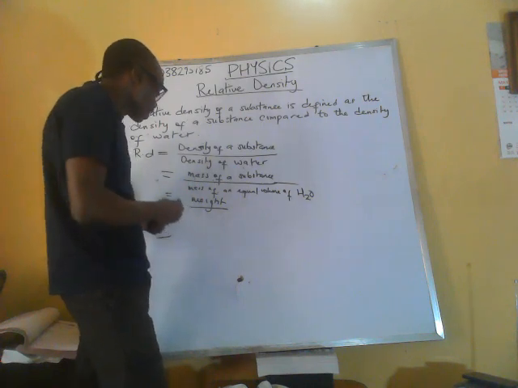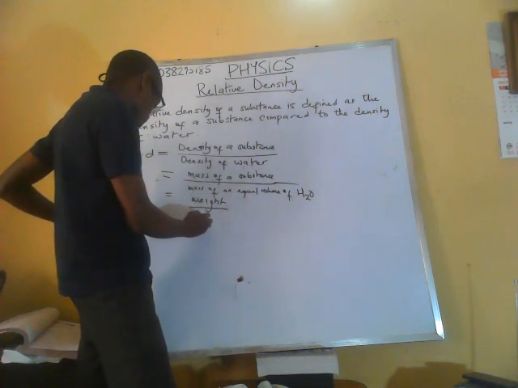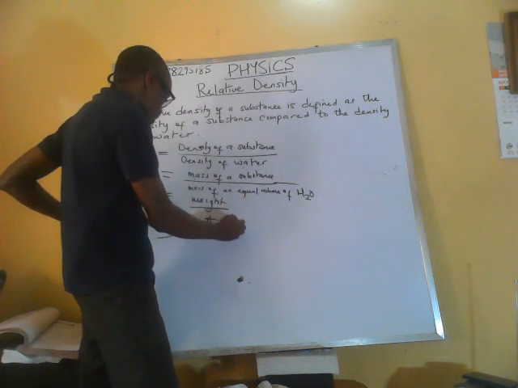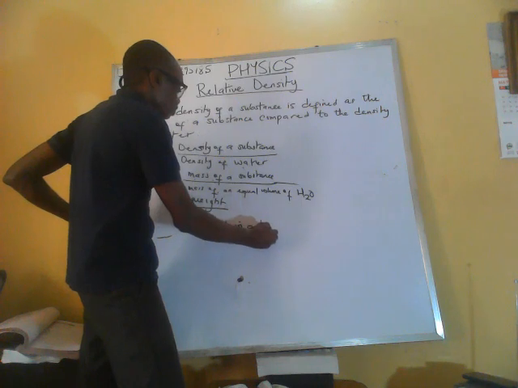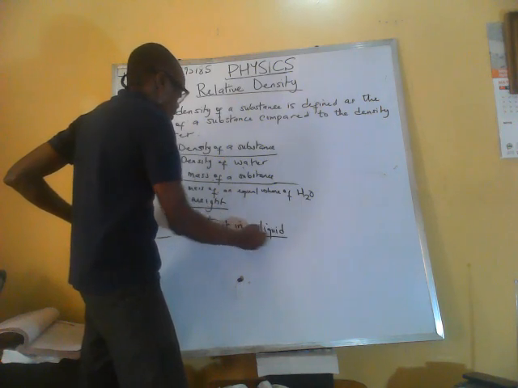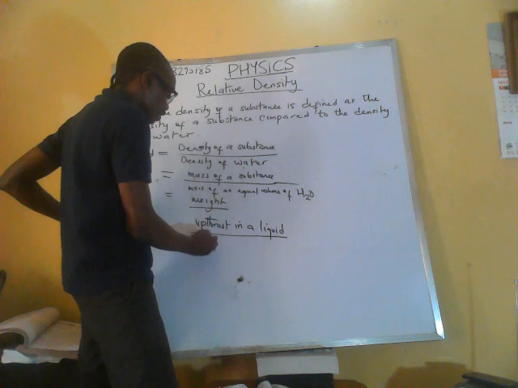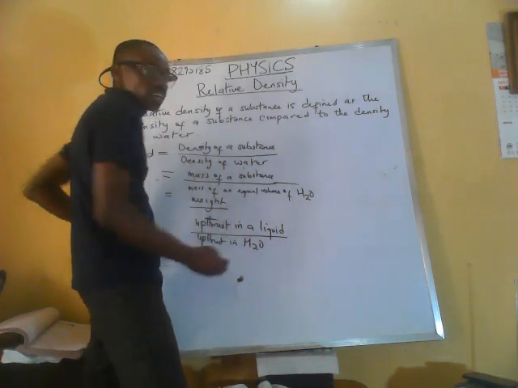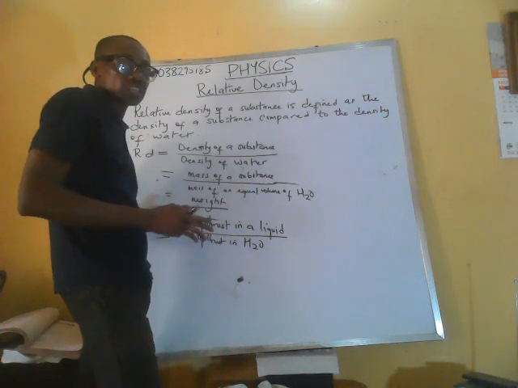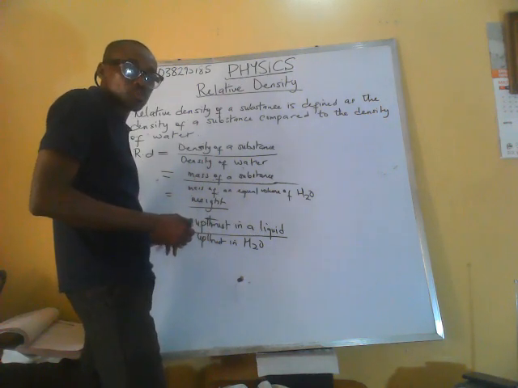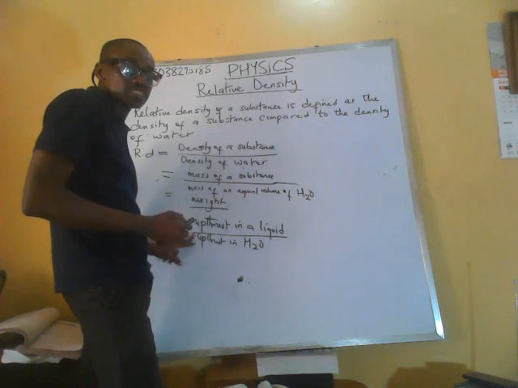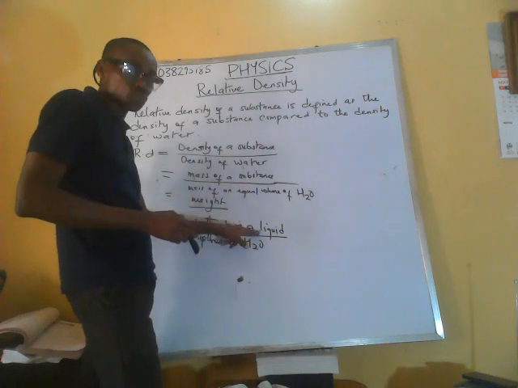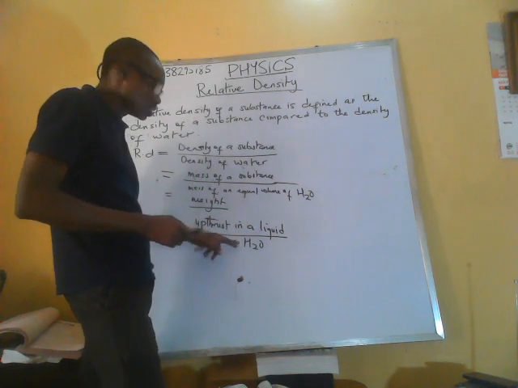Another one is the upthrust in a liquid over the upthrust in water. This is still another formula to use to calculate relative density of a substance: the upthrust of that substance produced in a liquid and the upthrust produced in water.